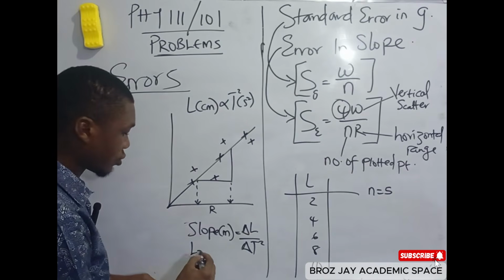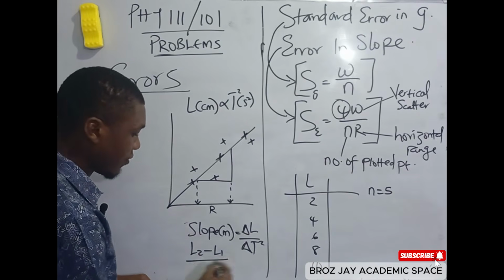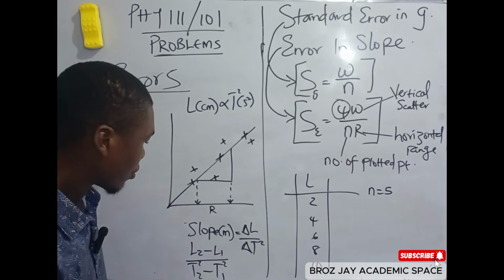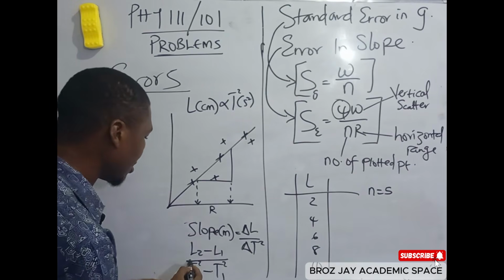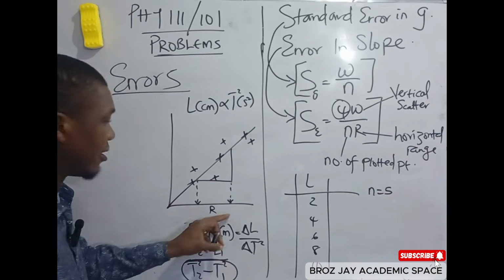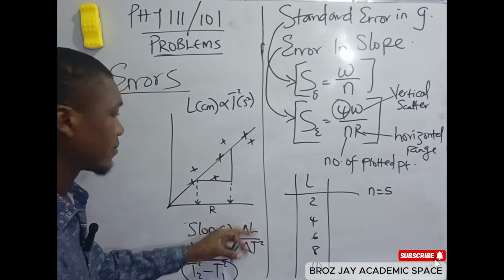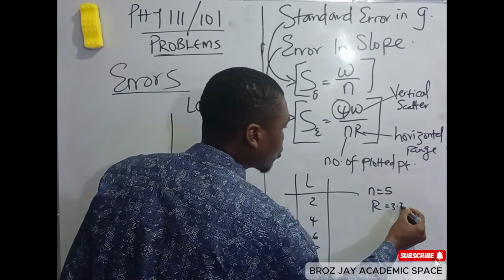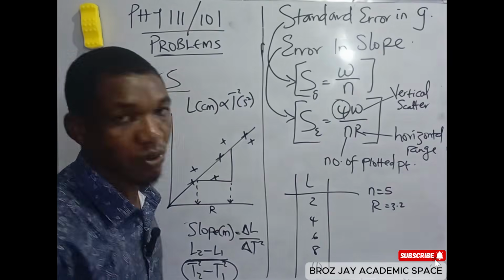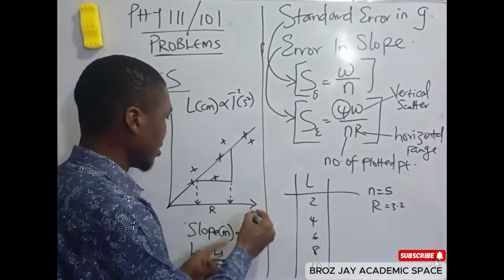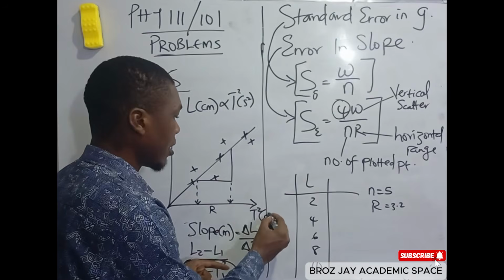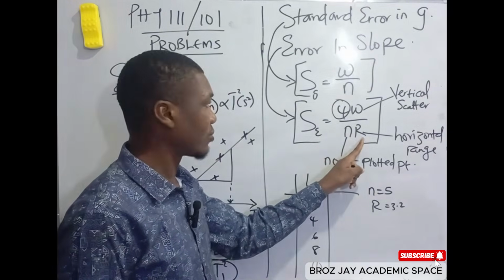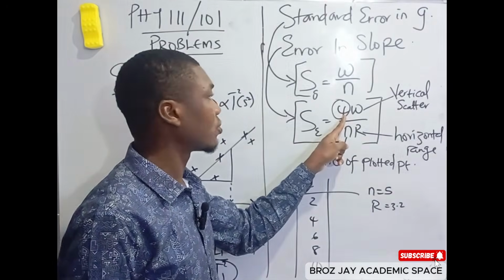So this will be L2 minus L1 all over T squared 2 minus T squared 1. Now your horizontal range is the value you have here, you substitute it and put here. So let me assume that my horizontal range is 3.2 seconds squared, because it has a unit, which is T squared, seconds squared. So 4 is already a constant.